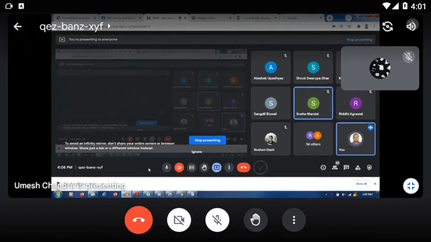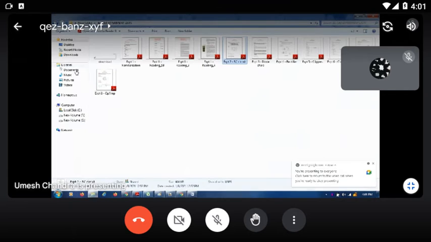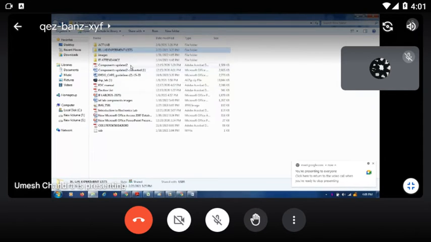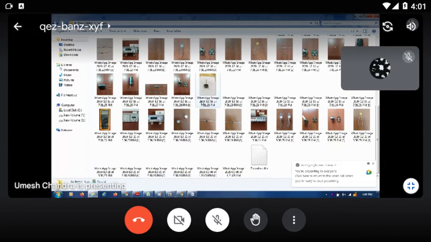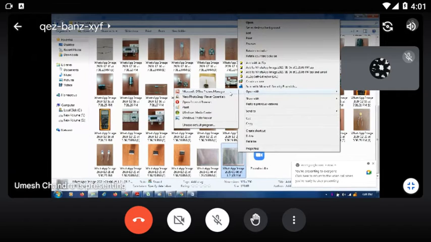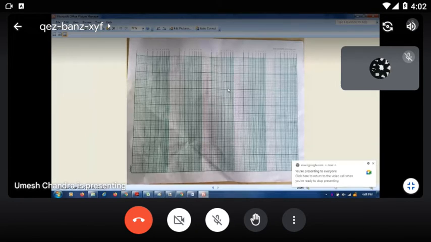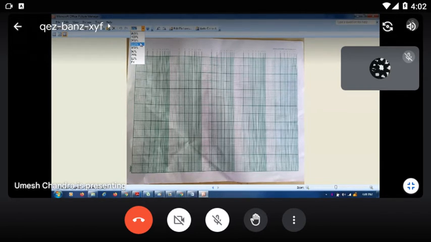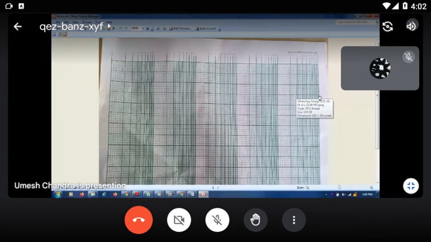You know graph paper, but you don't know about semi-log paper. Semi-log paper means you plot the logarithmic value, and your semi-log paper is like this. Now see, this is the semi-log paper.